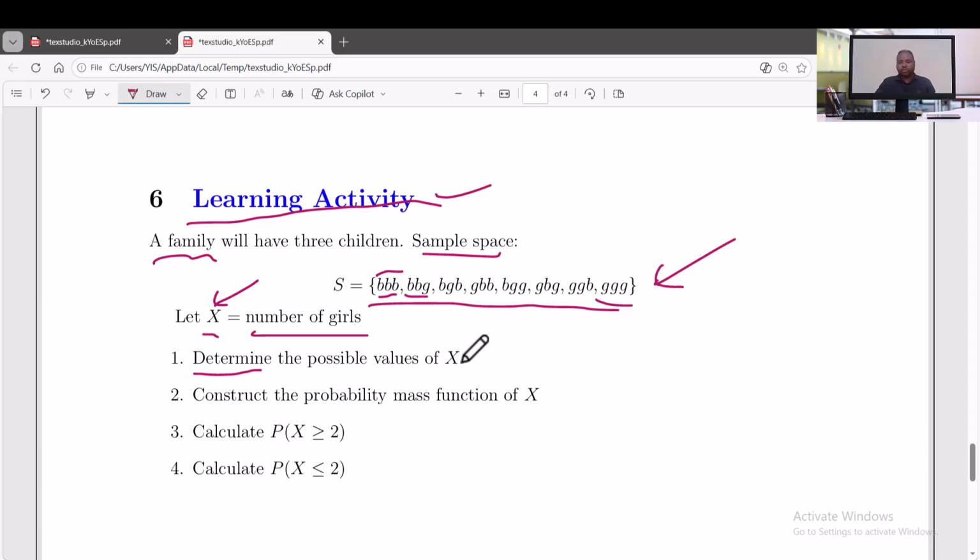For this random variable, you are asked to solve the following. Determine the possible values of x. Construct the probability mass function of x. Calculate the probability of x greater than or equal to 2. Calculate the probability of x less than or equal to 2. What does the probability of x less than or equal to 2 mean? It means the probability of getting outcomes with 2 girls or below.